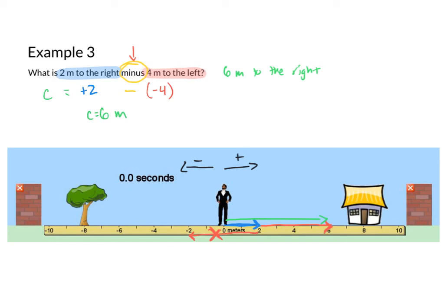And I don't need to put that to the right in there, because from my frame of reference, I know that a positive sign means that I'm moving to the right. So, again, when you subtract vectors, just flip the direction of the vector, either change the sign, or flip the direction of your arrow.